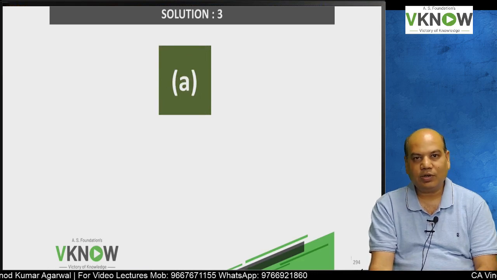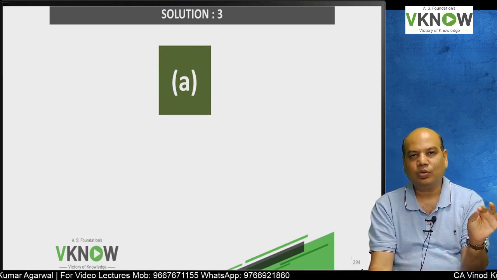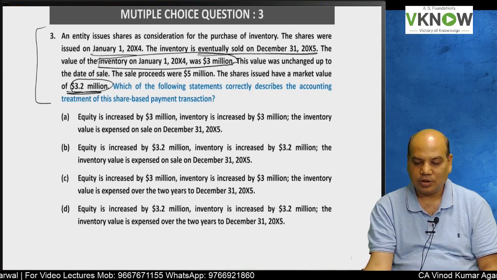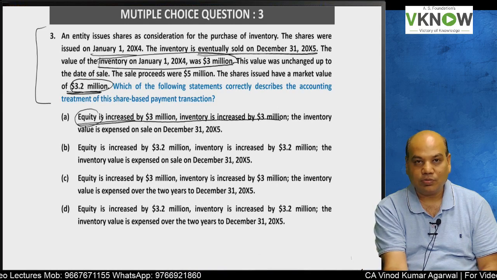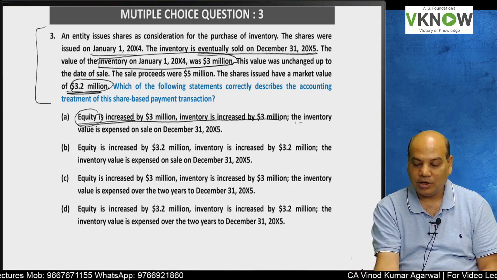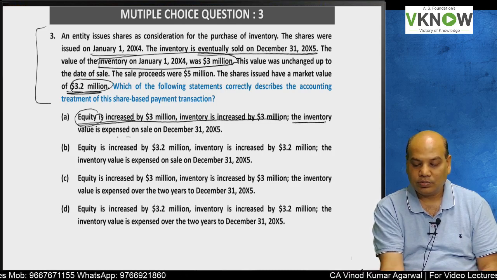So the entry will be inventory account debit to SBP reserve account. I'll explain. Inventory will increase. SBP reserve means equity will increase. And whenever the inventory is sold, it will be expensed.